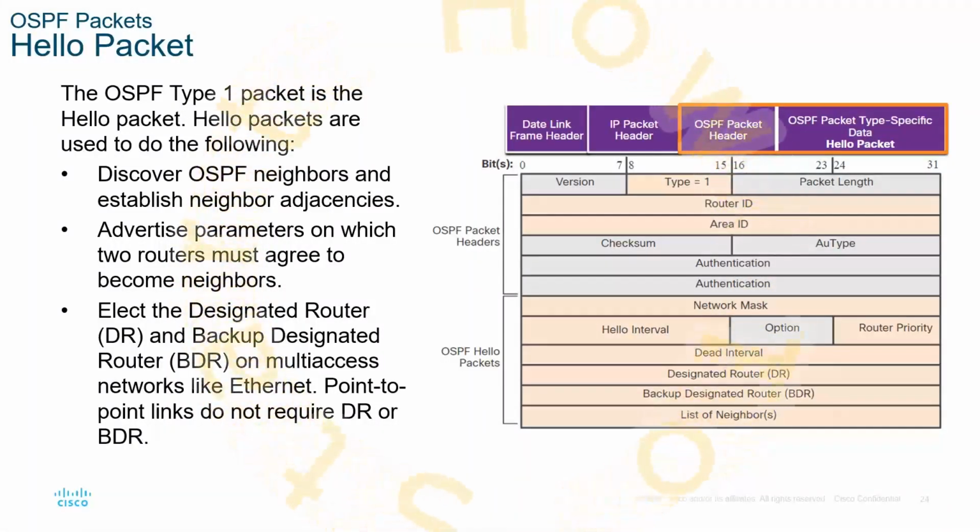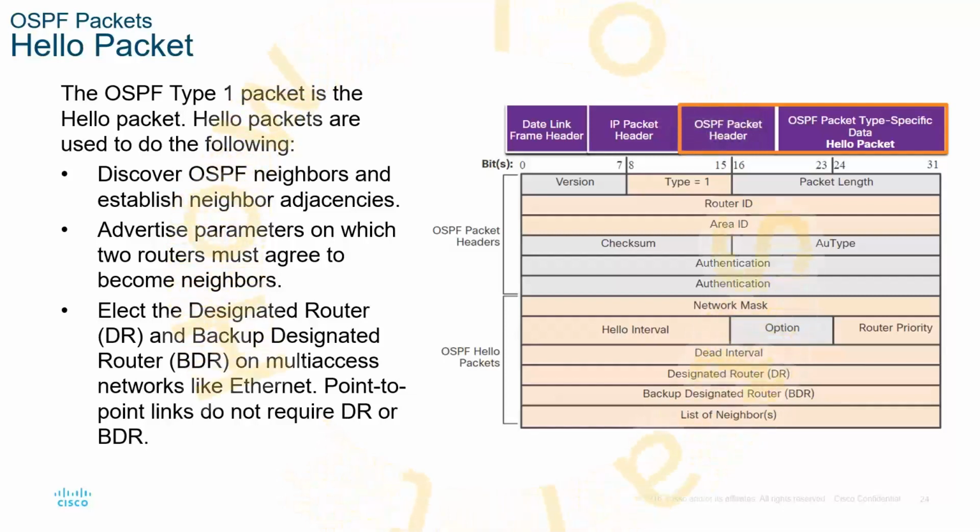The OSPF Type 1 packet, the hello packet, is used to discover OSPF neighbors, advertise parameters, and elect a designated router and a backup designated router. So a designated router, DR, and a BDR on multi-access networks like Ethernet.